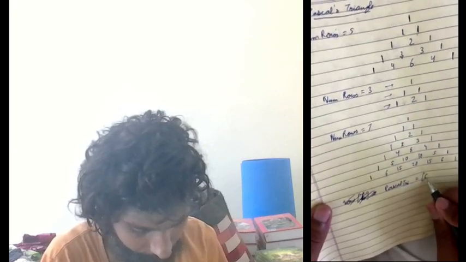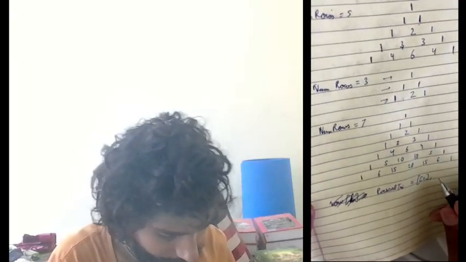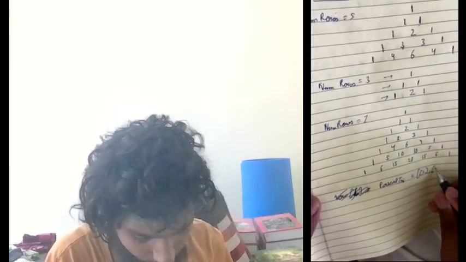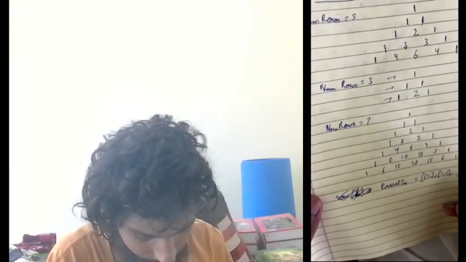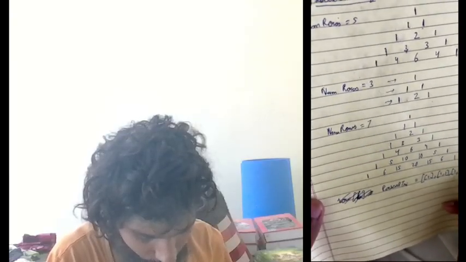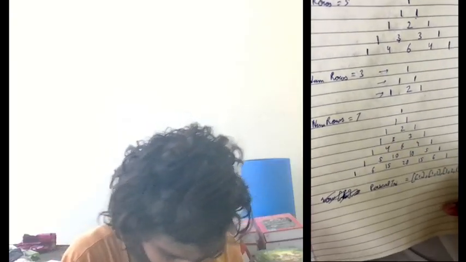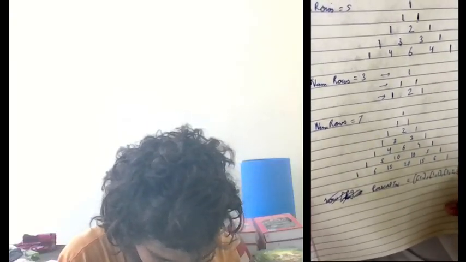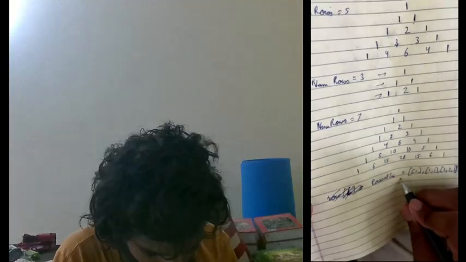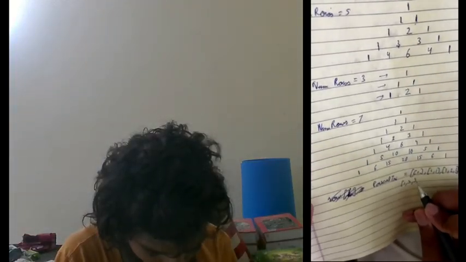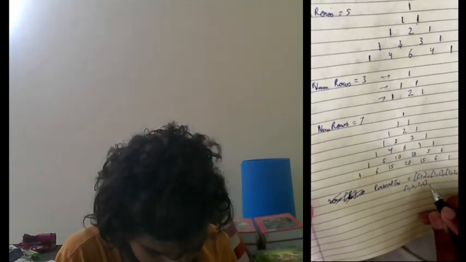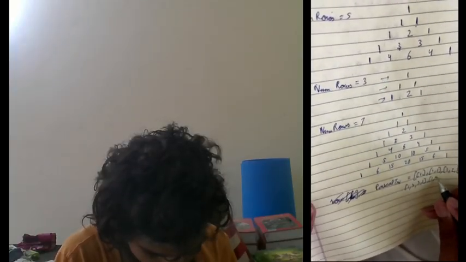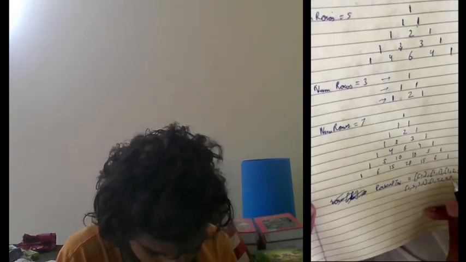It will have the first row as 1, second row as 1, 1, third row as 1, 2, 1. Then the next row will be 1, 3, 3, 1. Then 1, 4, 6, 4, 1.